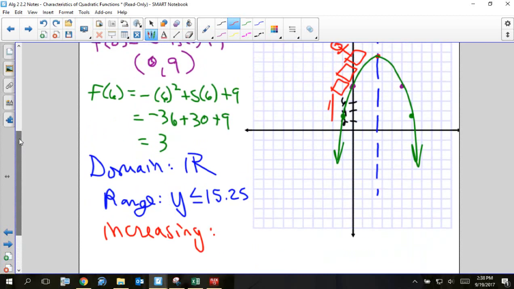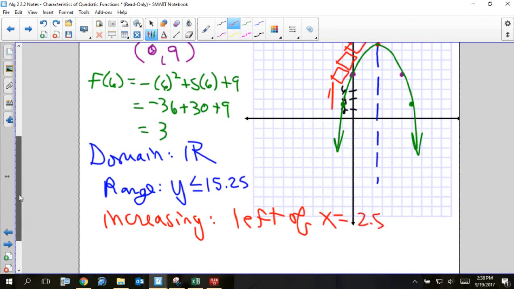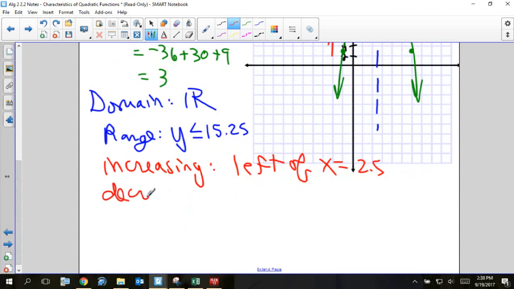What side? Increasing on the left of x equals 2.5. And then decreasing on the right of x equals 2.5.